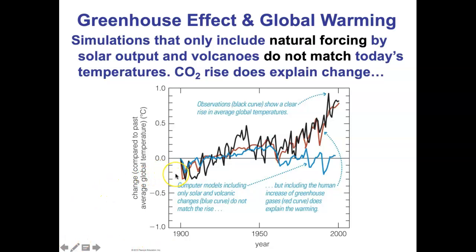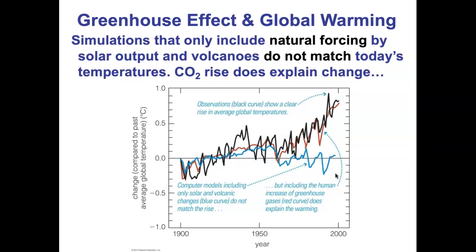All right? So this graph looks a little complicated, so let me break this down here. The blue line is what the temperature of the Earth would be if all the carbon dioxide in our atmosphere were from natural sources, like volcanoes. The red line is what the temperature of the Earth would be if you add in human-produced greenhouse gases.